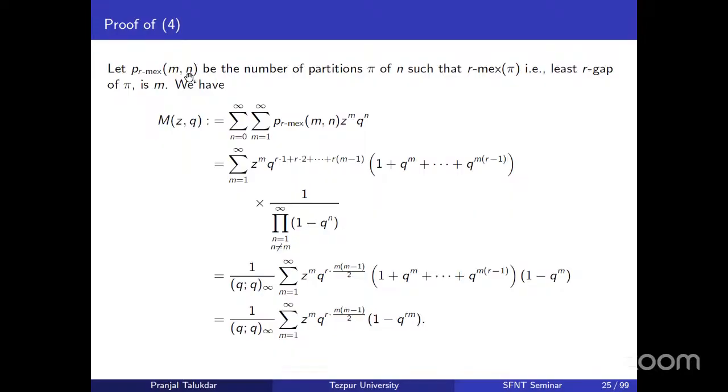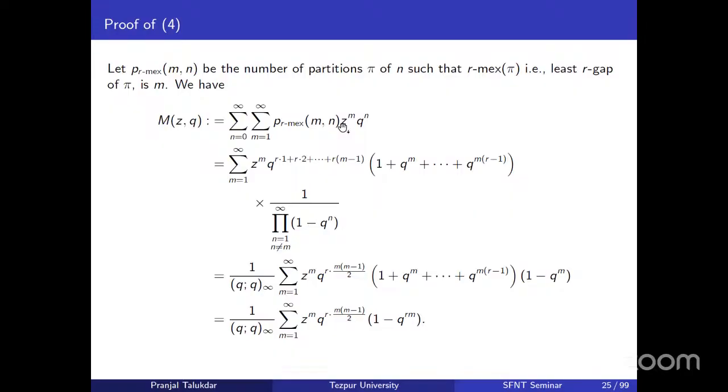So if we want to obtain a suitable expression for the summation of least r-gaps from this double sum, we expect this m to somehow come here, and we do not require this z anymore. We also wish this z to vanish.